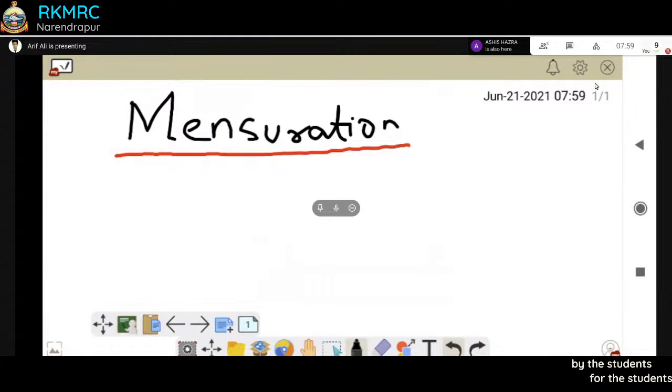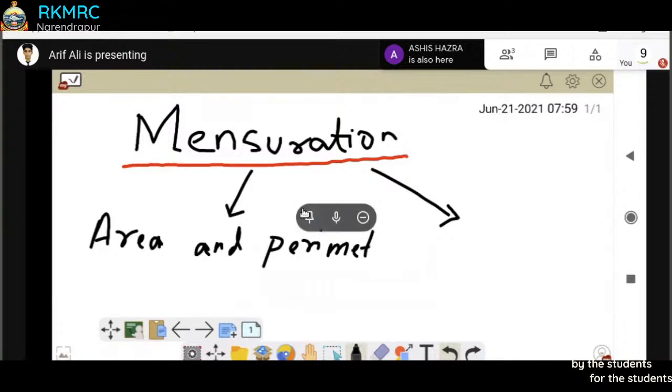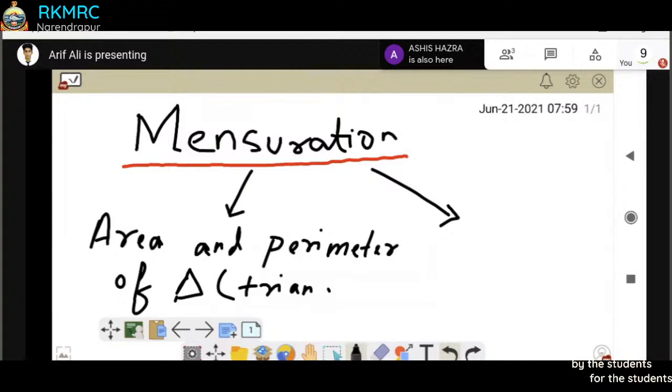In this mensuration, we need to study two topics. One is area and perimeter of triangle, triangle like this. We usually use a symbol, and quadrilateral.